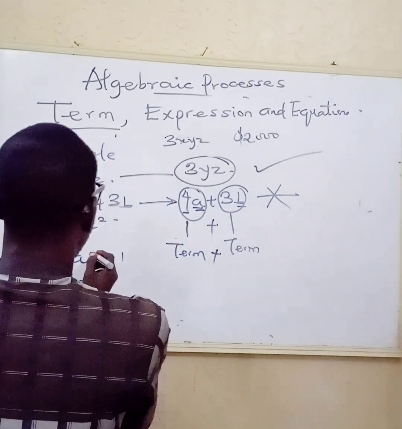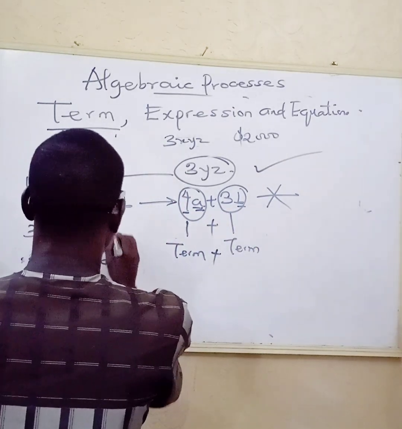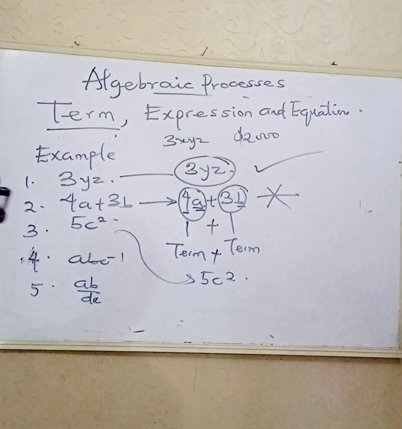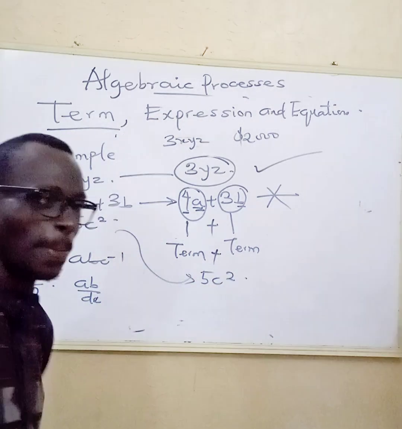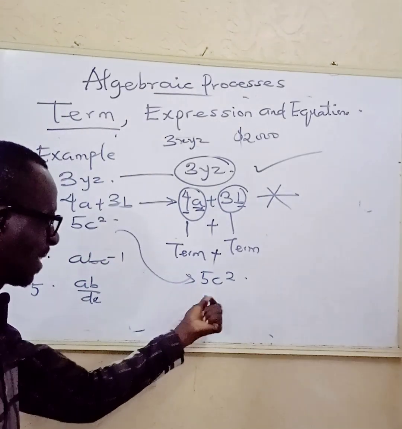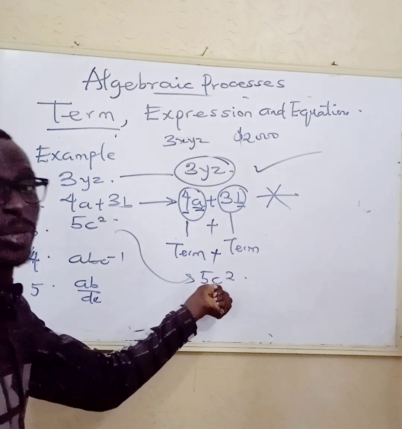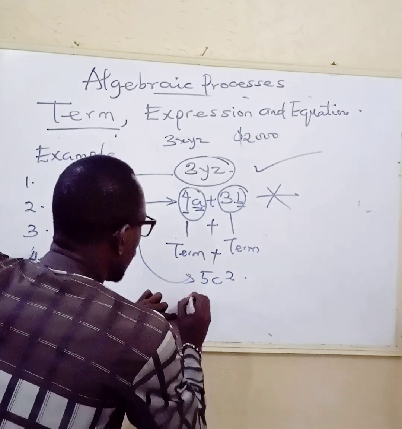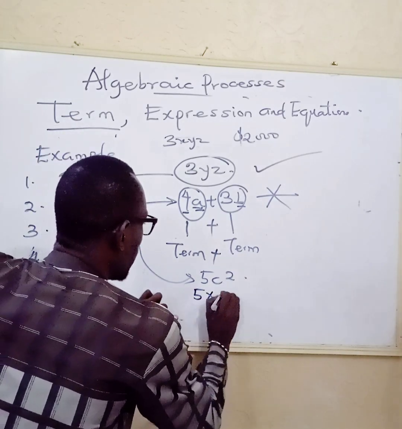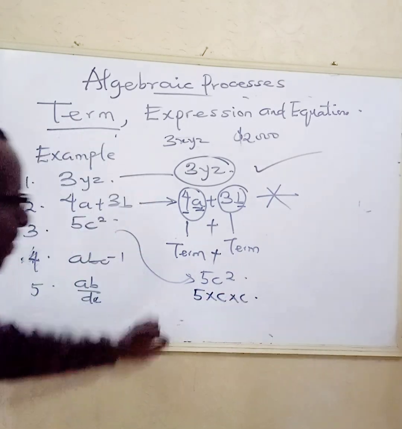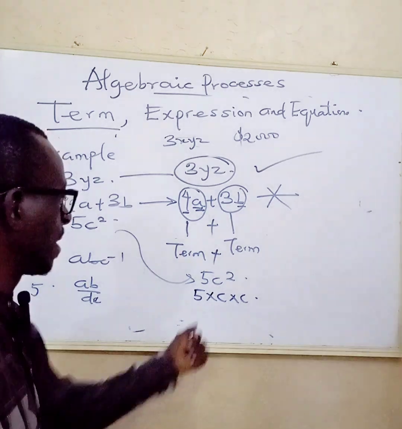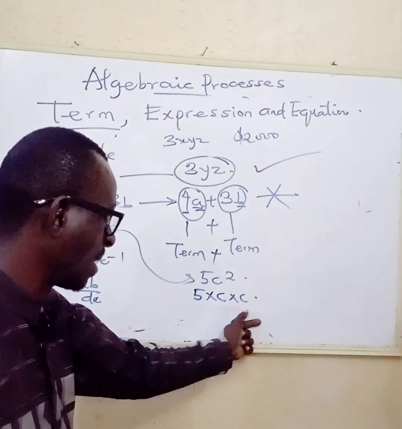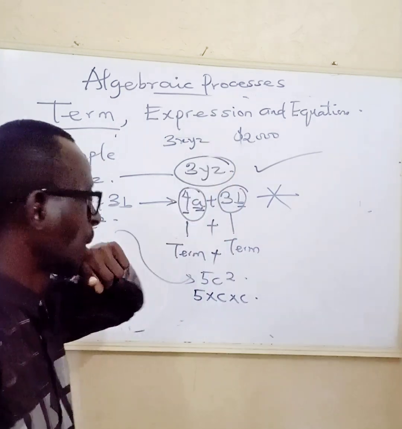And the third one here is 5c squared. We have said something. This is under the multiplication sign. We have 5 multiplied by c multiplied by c. We can see 5 is a term, c is a term, c is another term, because c times c gives us c raised to power 2.